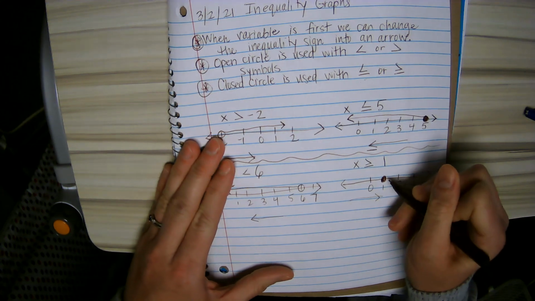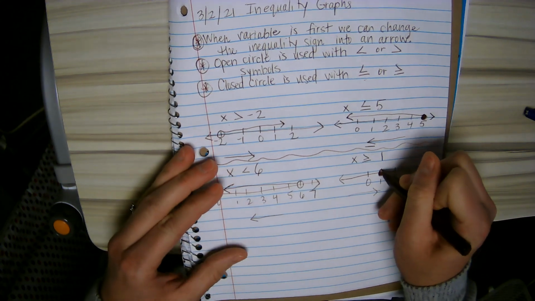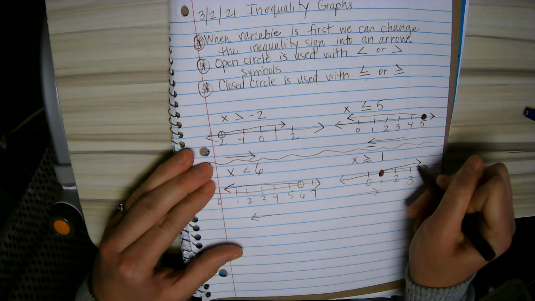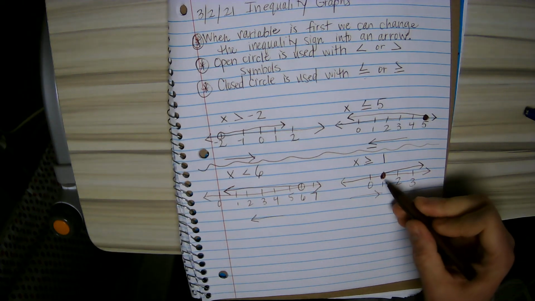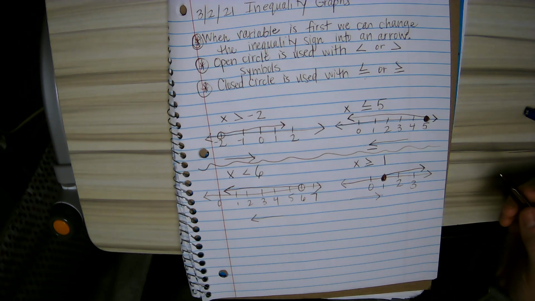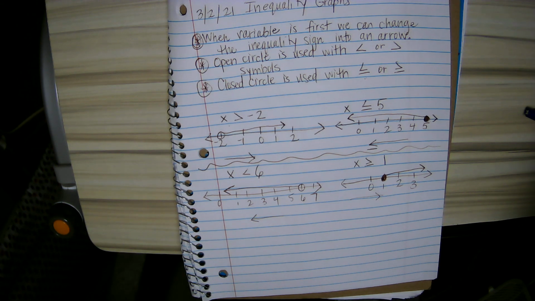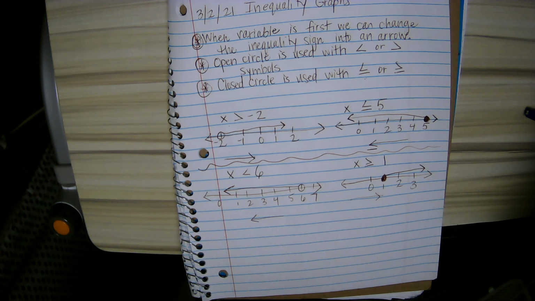So it's going to the right because x is greater than or equal to. So it can be anything, including the 1, and to the right of that. Okay? Don't get too confused when you see the negative numbers. You're just going to plot that, either open circle or closed circle, and then make your arrow.